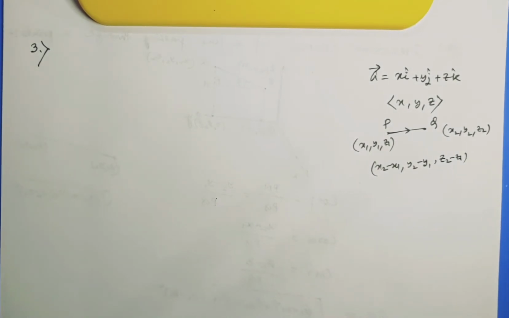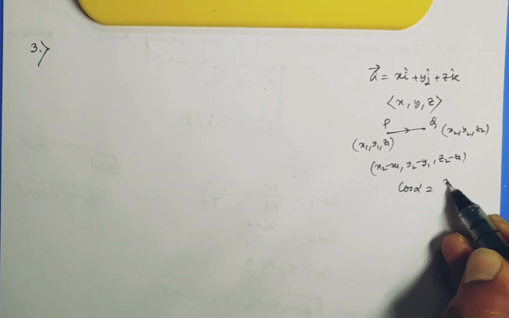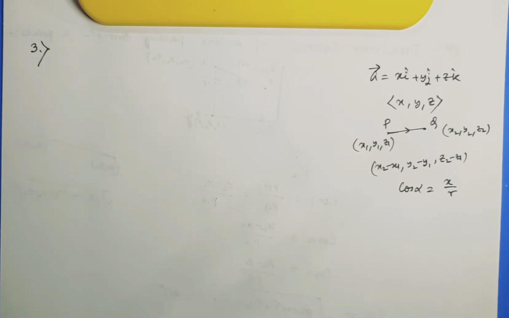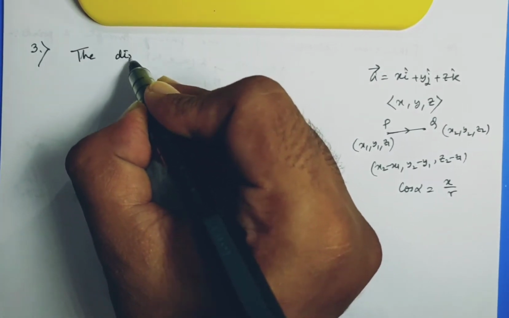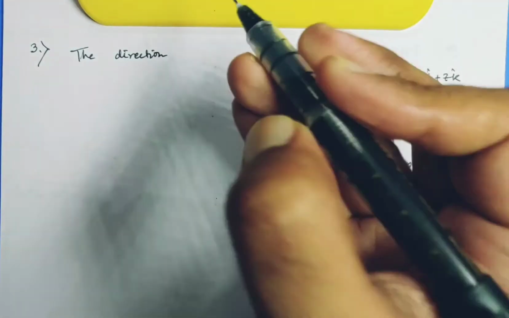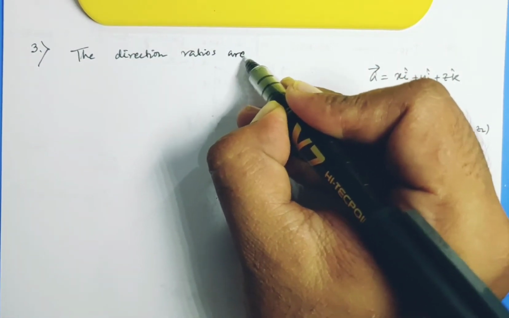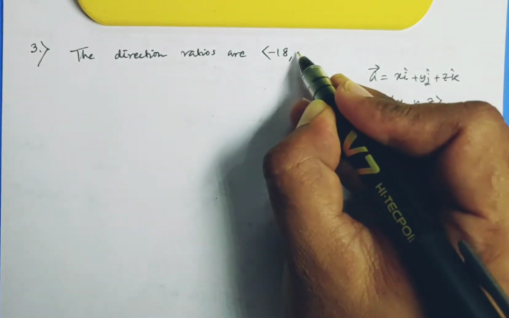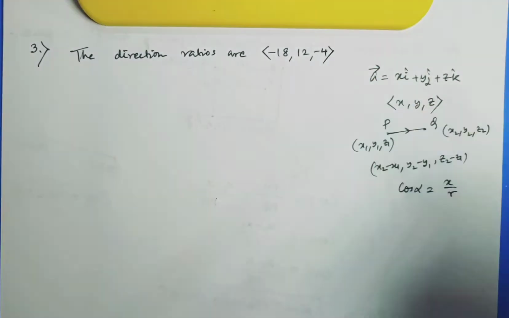And what was the formula of the direction cosines? Cos alpha was equal to x by r, right? And r is equal to root over of x square plus y square plus z square. So here the direction ratios are minus 18, 12 and minus 4, right?